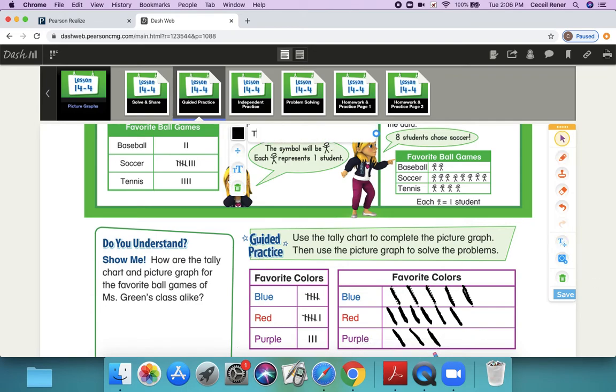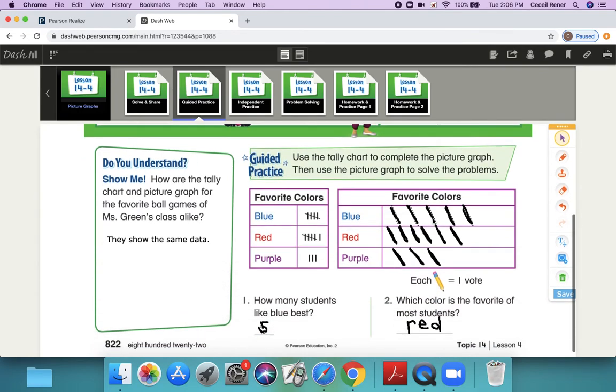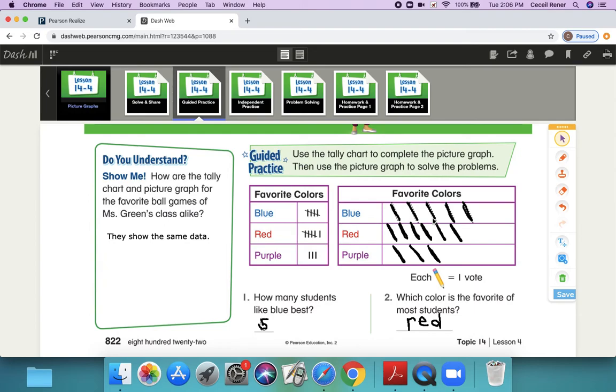They show the same data. Okay? We're going to put that right there. They show the same data. So let's put that. I'm going to move that up in case you didn't get those other things down on your paper. And you will have a minute or so to do that. And then we're going to check to see what else you have to do today.